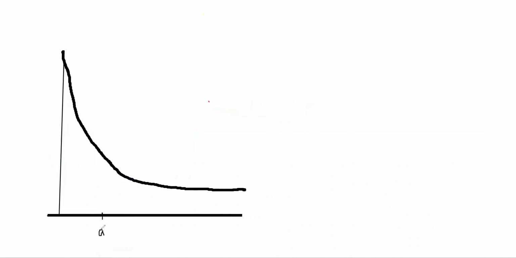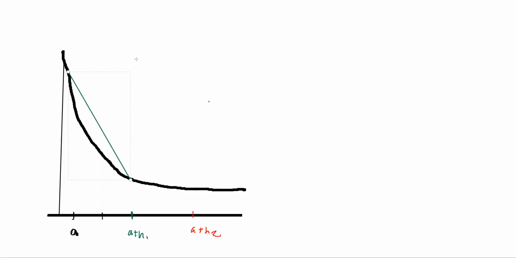If I have a here, and I have an a plus h1 here, and I have an a plus h2 here, I can draw the line between these.